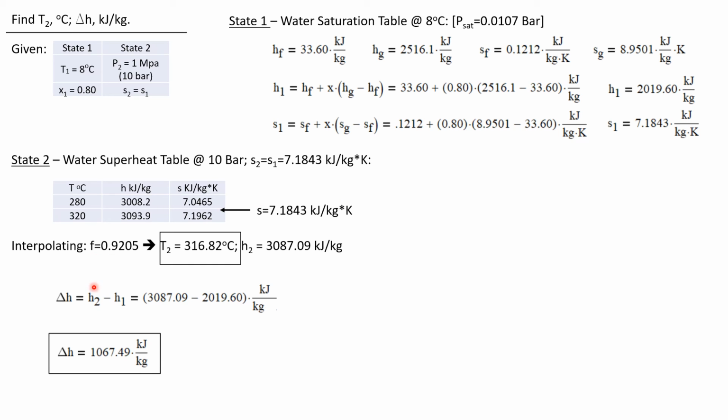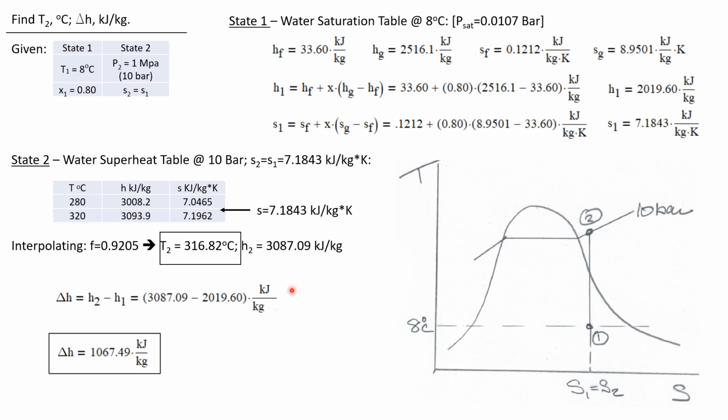And again, I'm not going to go through all the interpolating details, but I do calculate an interpolation factor of 0.9205. And that gives me a final temperature of 316.82 degrees C. It also gives me a value for the state 2 enthalpy, which is 3087.09 kilojoules per kilogram.